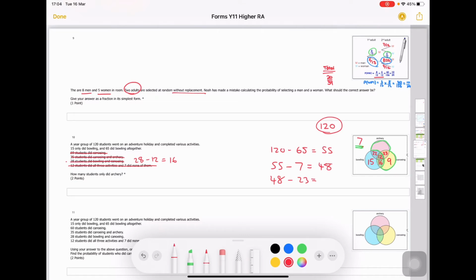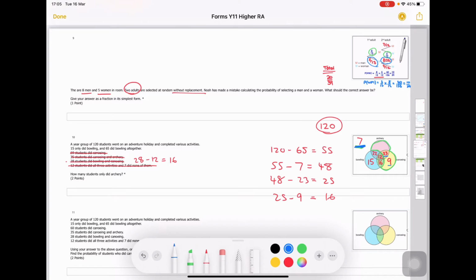So we've dealt with this one. All right, with blue, we've dealt with this one. 25. So now we have eliminated this one. And now we're going to do 25 take away 9 equals 16. So 16 only did archery.